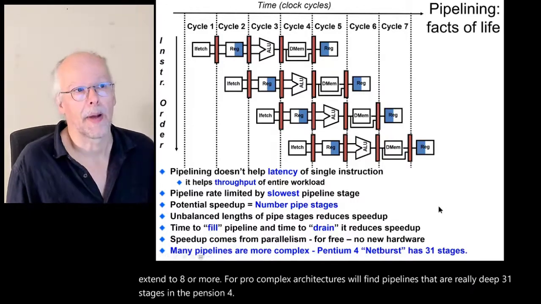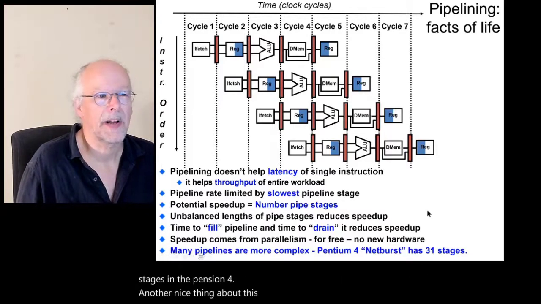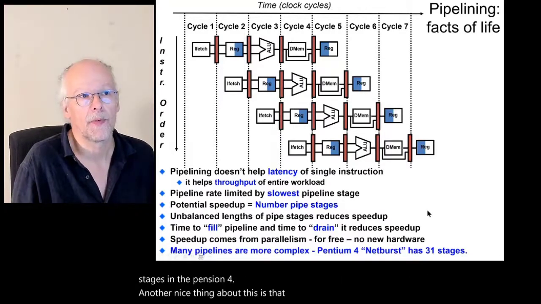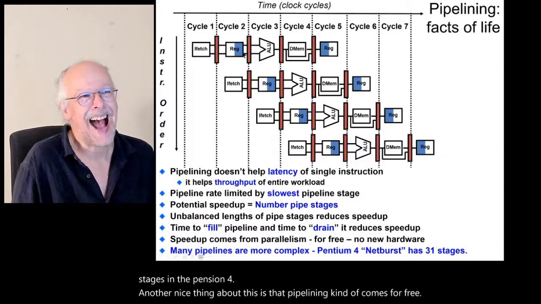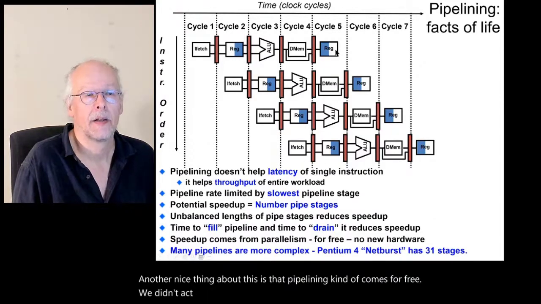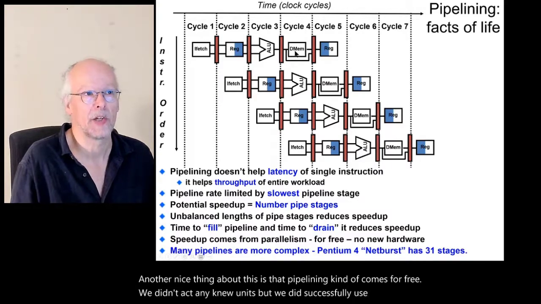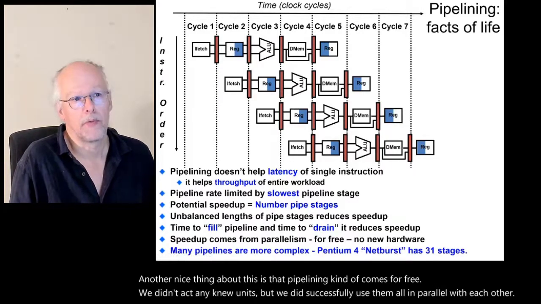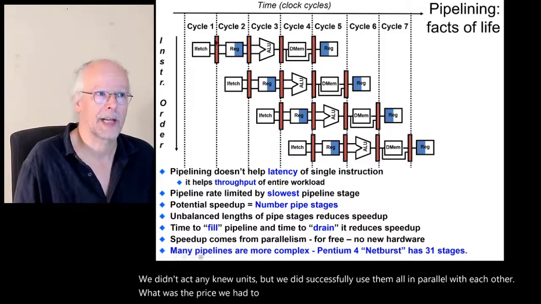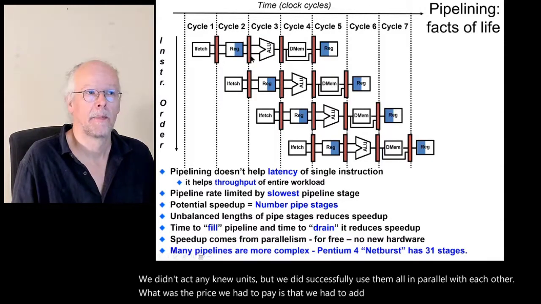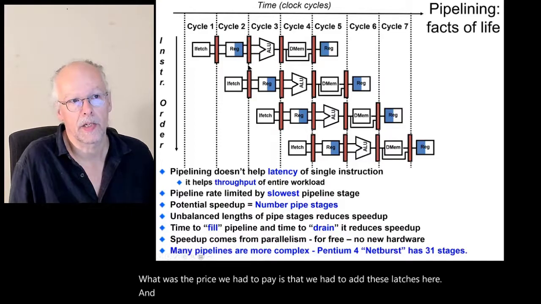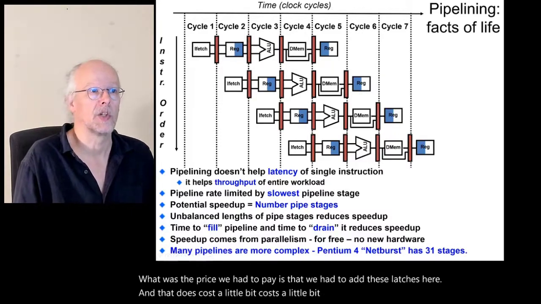Another nice thing about this is that pipelining kind of comes for free. We didn't add any new units, but we did successfully use them all in parallel with each other. The price we had to pay is that we had to add these latches here, and that does cost a little bit in transistor count and energy and so on.